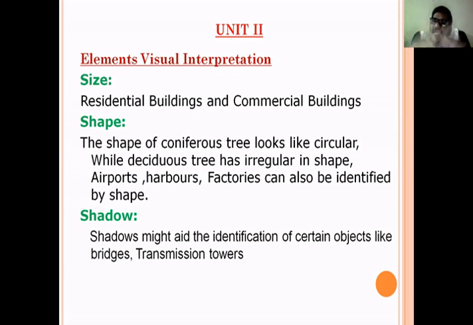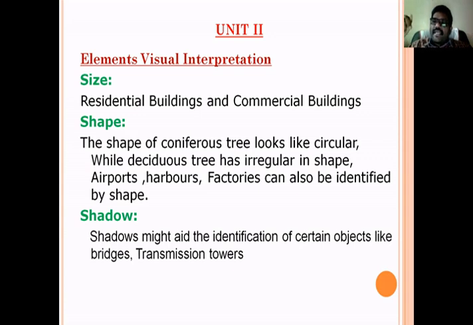If in any area the size of the buildings is much larger than the normal buildings, you can interpret that area might be a commercial area, because of the sizes of the buildings, the sizes of those shopping malls, or because of the large scale construction taking place.